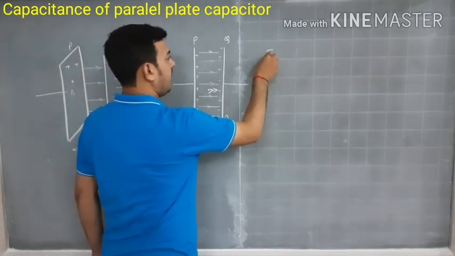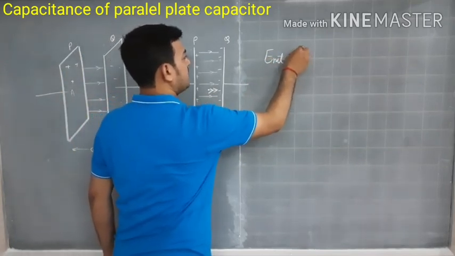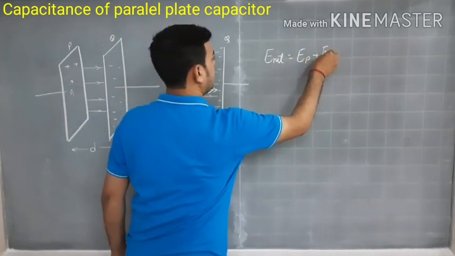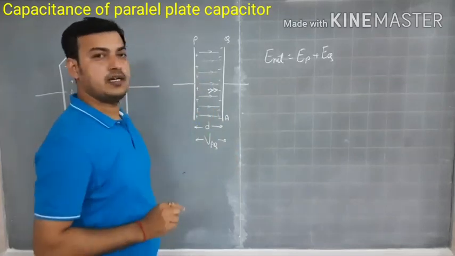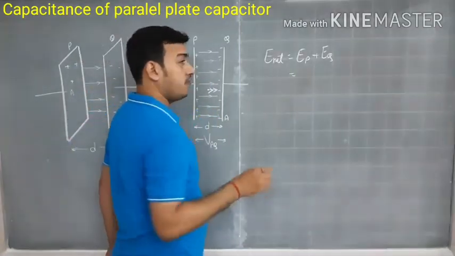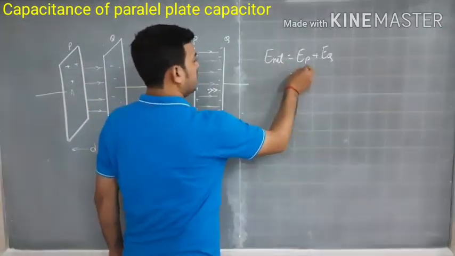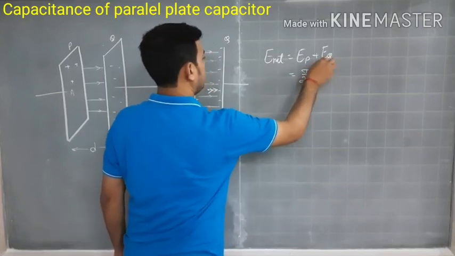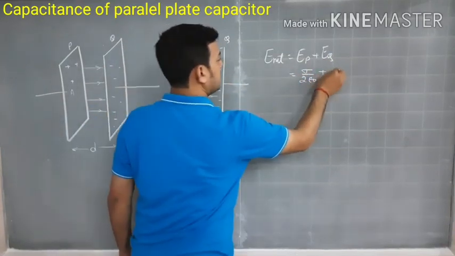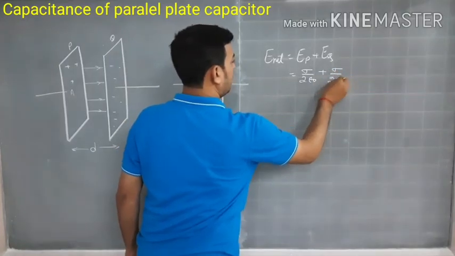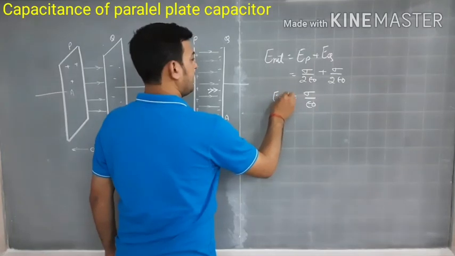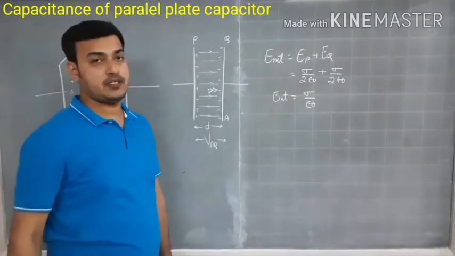So I can add these two fields, that is the electric field due to plate P and the electric field due to plate Q. And as we know from Gauss theorem, the field due to a charged sheet is sigma by twice epsilon naught, and the same will be due to this plate too. On simplifying, we will get the electric field as sigma by epsilon naught.